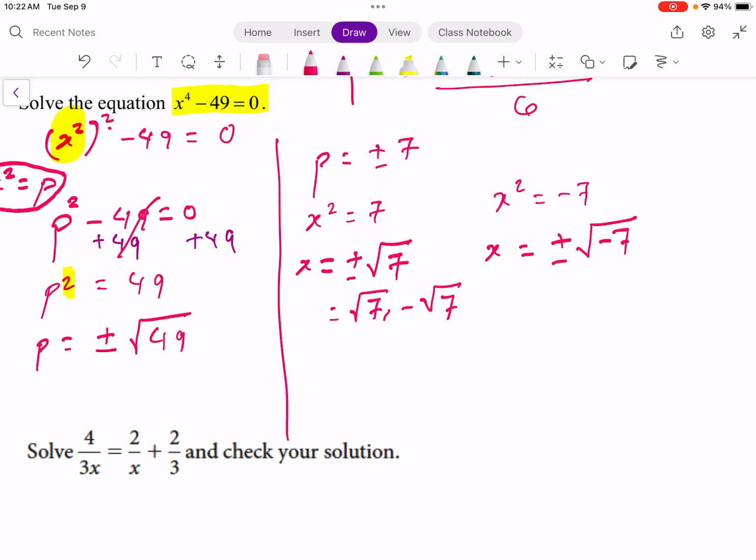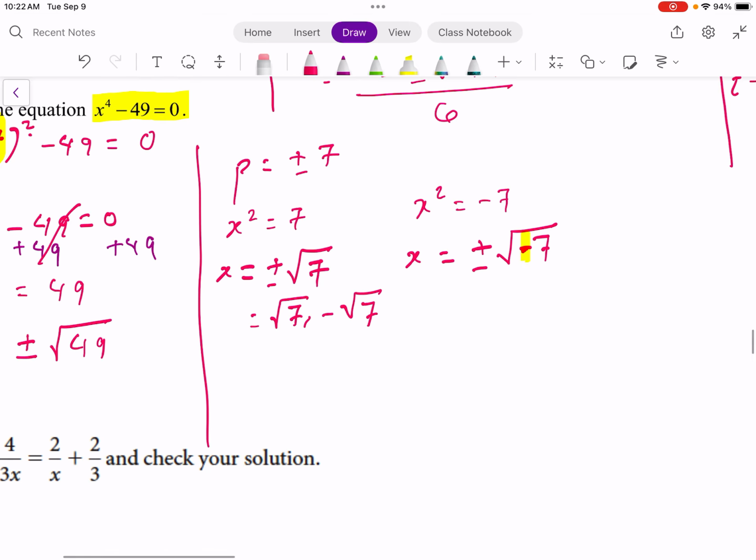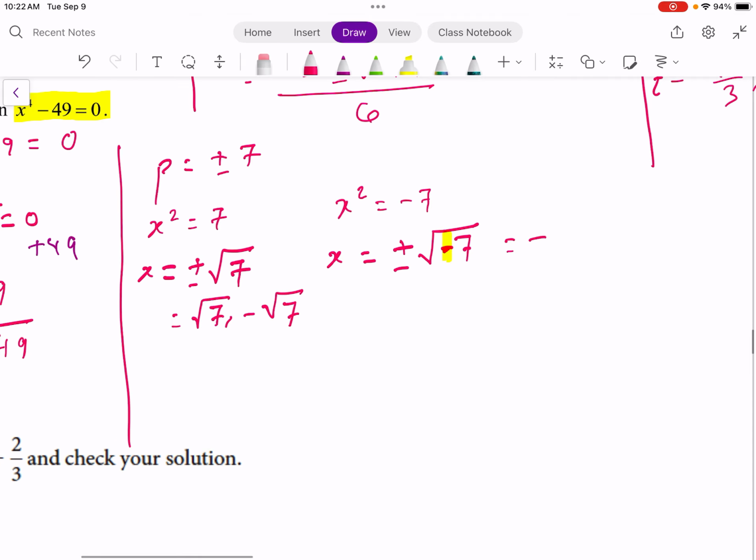Now here we have a negative under the radical sign. We have to rewrite. Every time you have a negative under the square root, let's rewrite this: positive or negative, and replace negative by i squared, and 7.